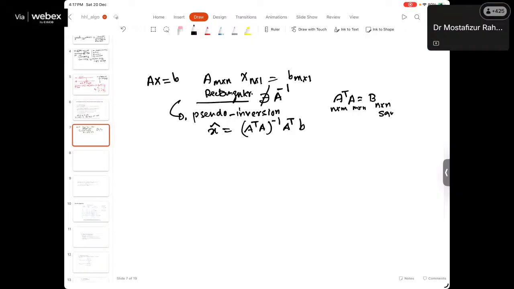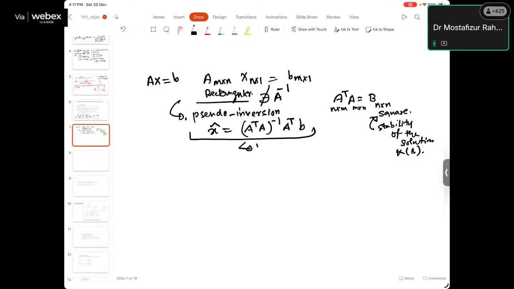Now it becomes a square matrix. But still there is a question on the stability of the solution, because of the condition number of A transpose A. But at least you have a solution, and this is known as the least squares solution.